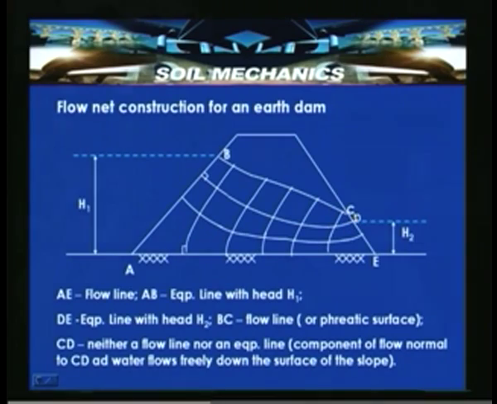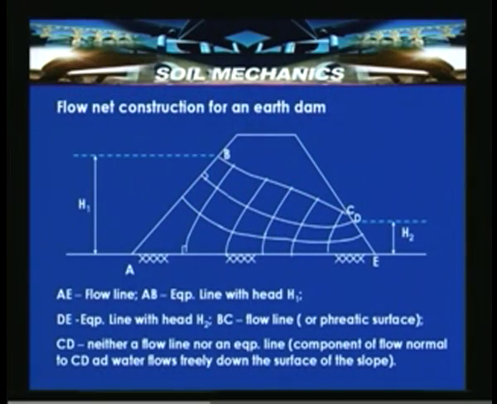So, it is eligible from both points of view, as an equipotential line as well as a flow line. This type of discrepancy does exist in small locations, but many times it is required to keep the phreatic line within the dam, to provide some measures like chimney drains or rock toes.